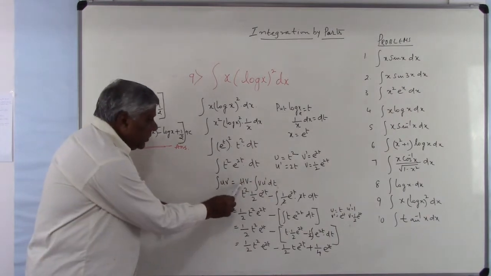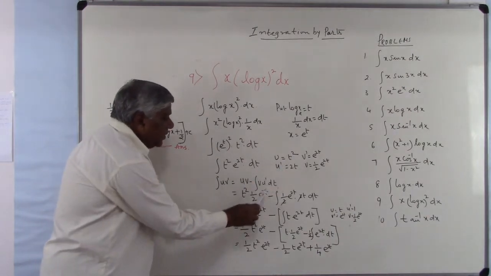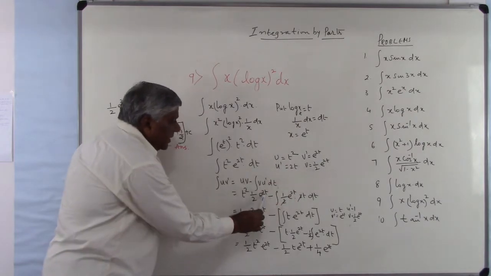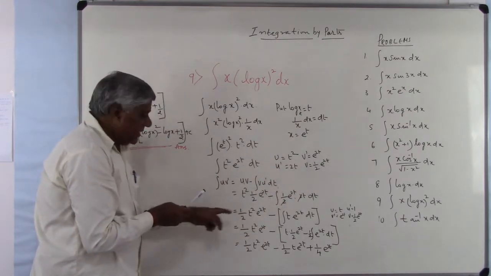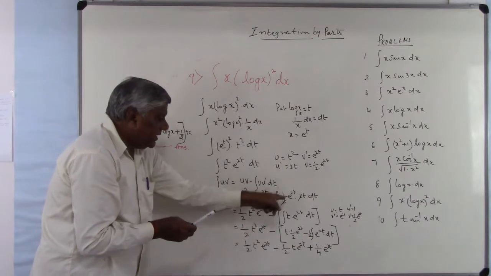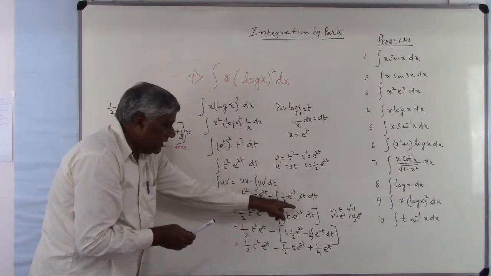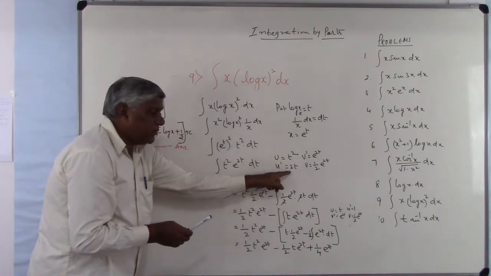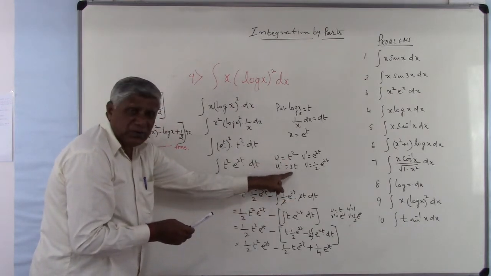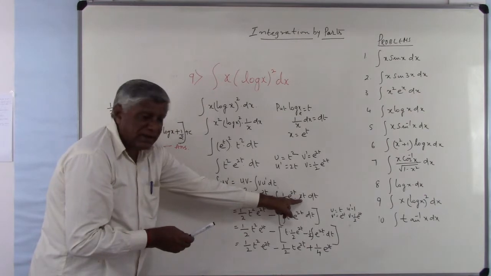Now u is t square, v is half e to the power of 2t, minus integral v u dash, half e to the power of 2t into u dash. Differentiation of t square is 2t, so that we have written here, dt.